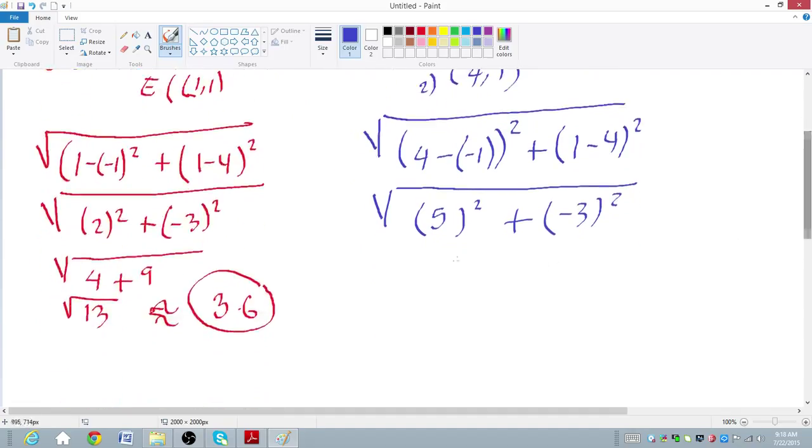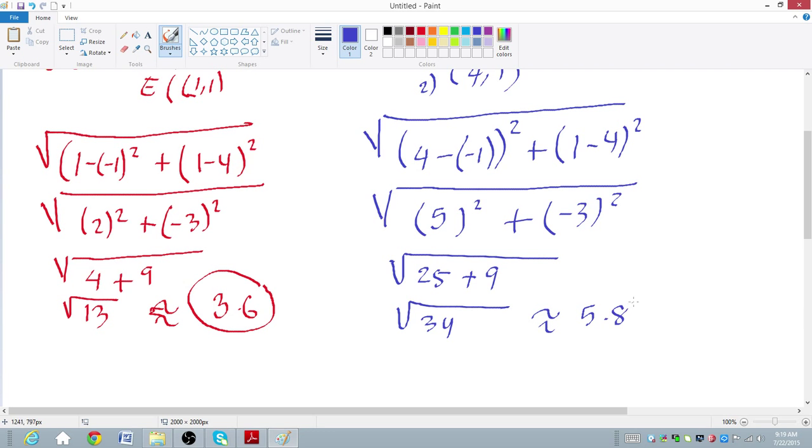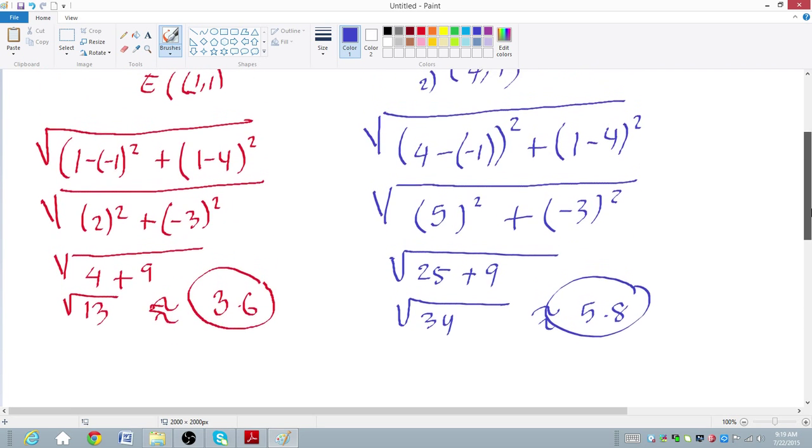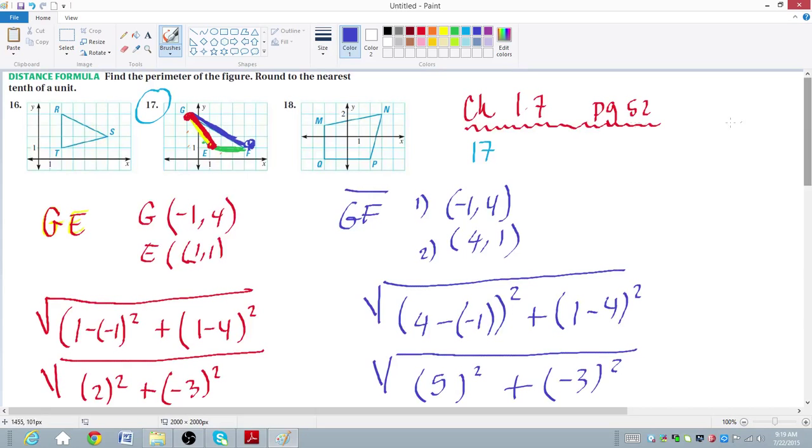And then now you have the square root of 25 plus 9, which is the square root of 34. Use your calculator, that's approximately 5.8. So now you know the blue is 5.8, the red is 3.6, and you know the green is 3.